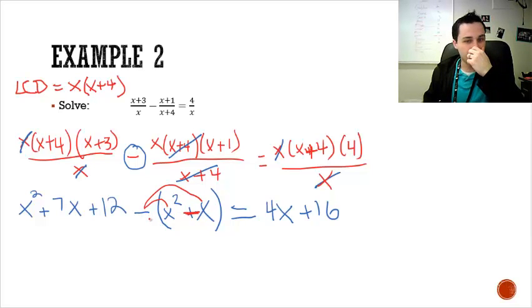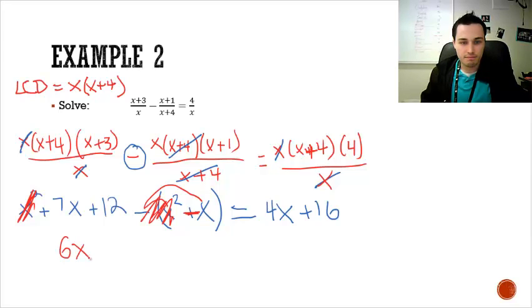I'm just going to write that there. Oh, look, I've got an x squared and a minus x squared. Yay, those will cancel. 7x minus x is 6x. And then the 12 is the only remaining thing on that side. Then I've got the 4x plus 16.